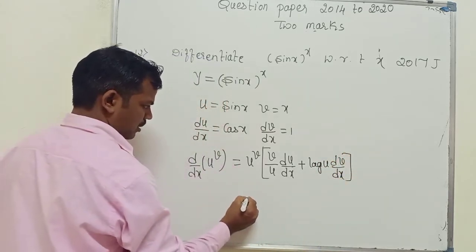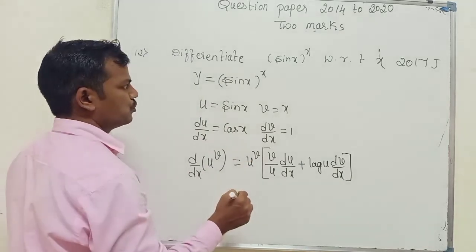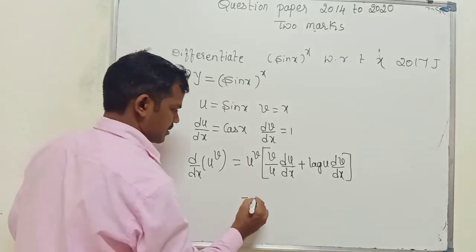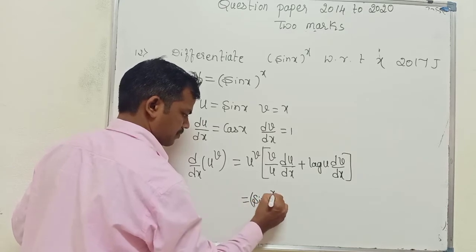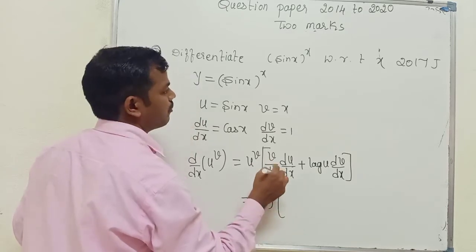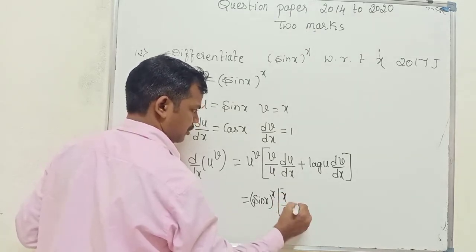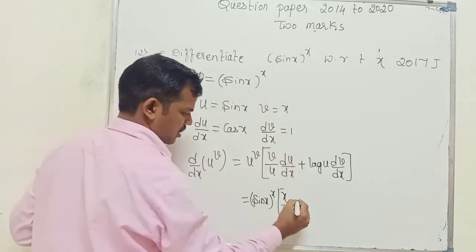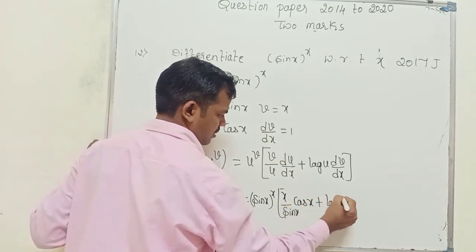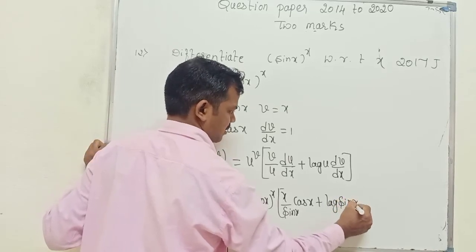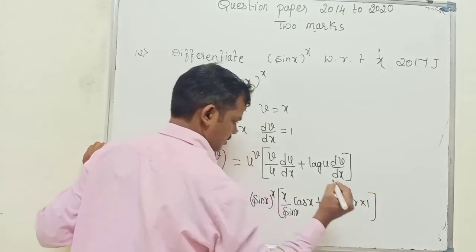Now u raised to v, where u is sin x, gives sin x raised to x, times v by u, which is x by sin x, into du by dx, which is cos x. Simple substitution, plus log u, which is log sin x, into dv by dx, which is 1.